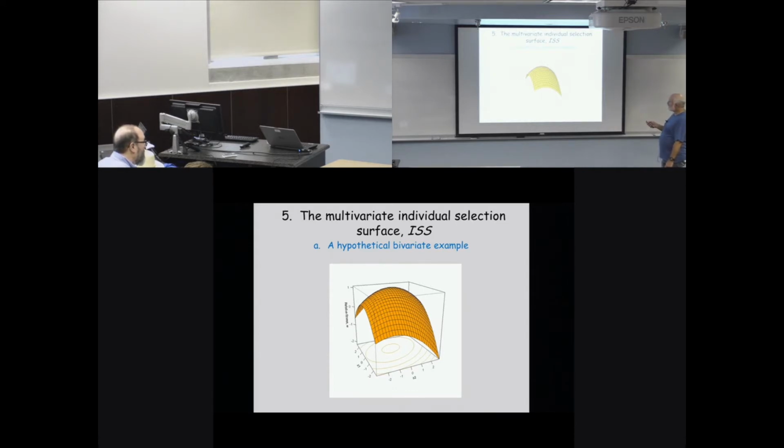Here's a hypothetical bivariate example. You'll see it in the notes, but this is a Gaussian bivariate selection surface, and Adam has shown one of those before. Here's the optimum in this position. This is trait 1 values deviating from 0, and here are trait 2 values deviating from 0.